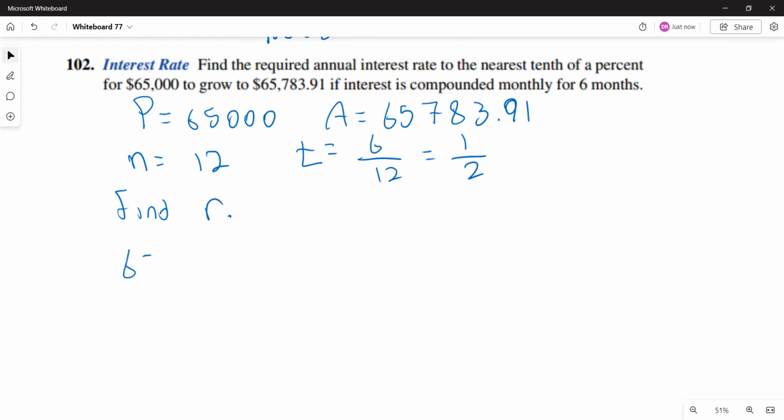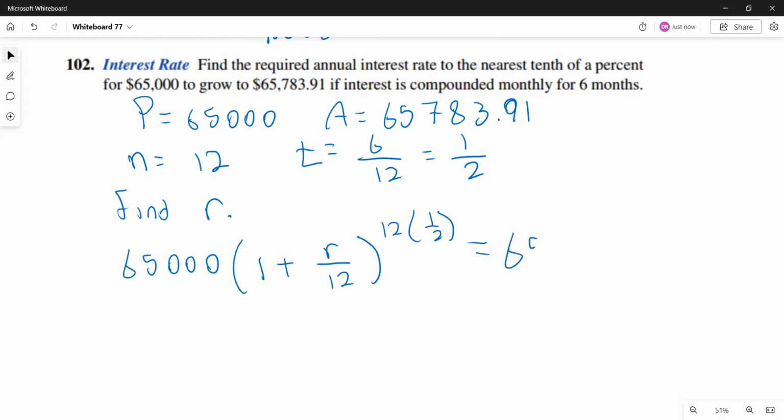Okay, so 65,000 times 1 plus r over 12 to the 12 times 1/2 is 65,783.91. Okay, so let's solve for r.